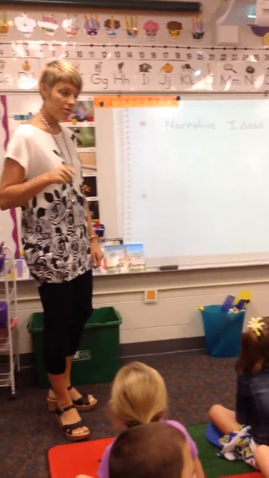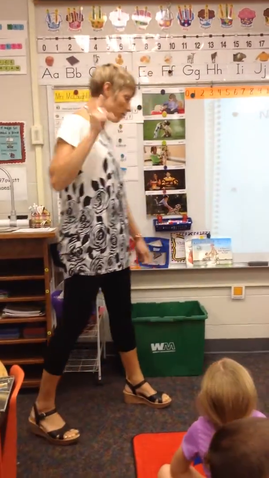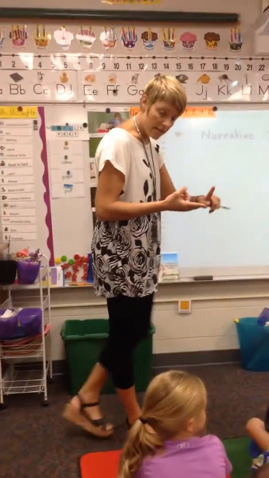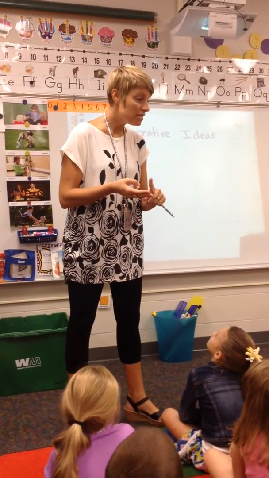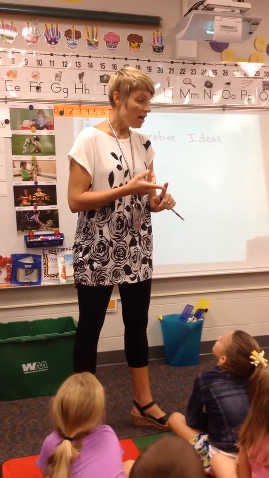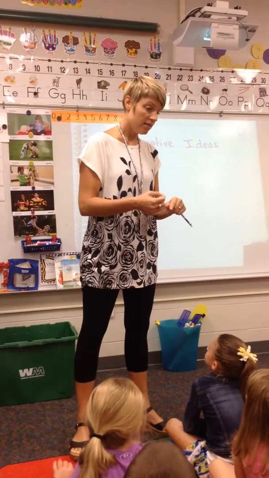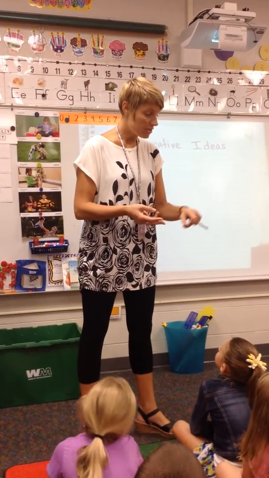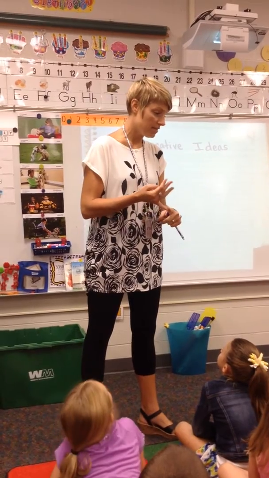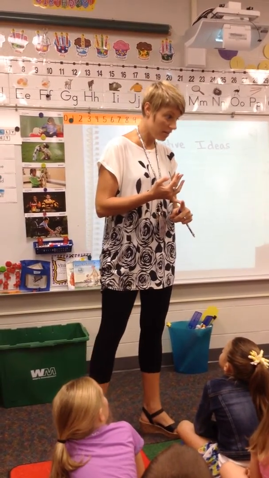Okay, thank you. You put your hands in your laps. So, one more time. A narrative is a story that has a beginning, a middle, and an ending. You're going to use details to tell me about what is happening at the beginning, or that happens first, then happens next, and happens at the end. That's what a narrative is.